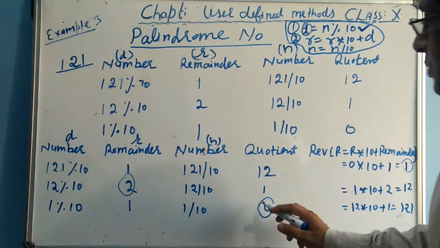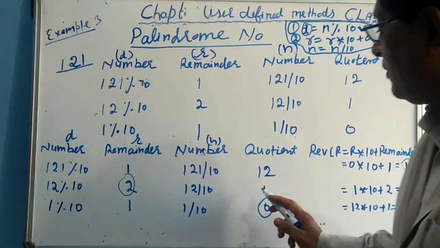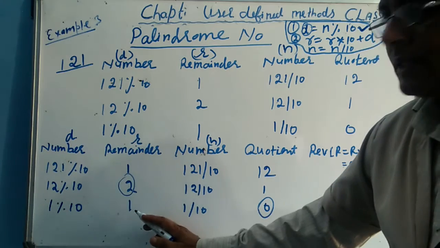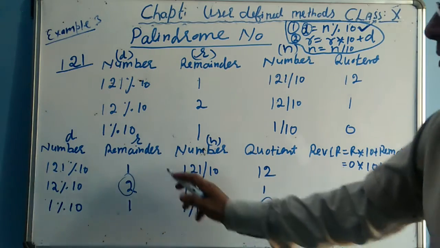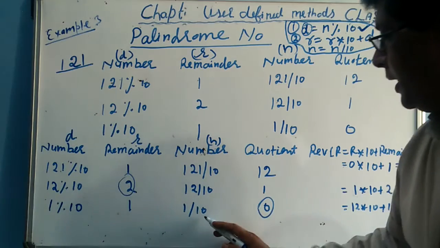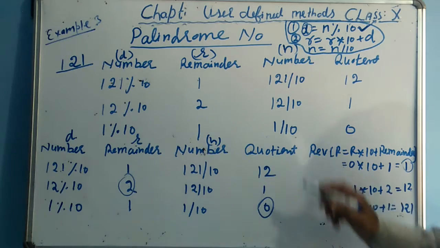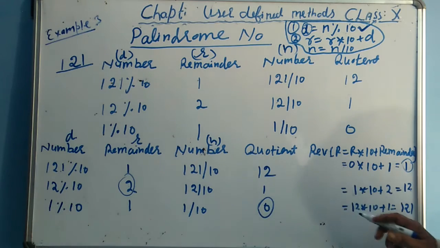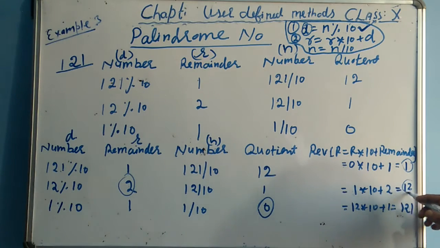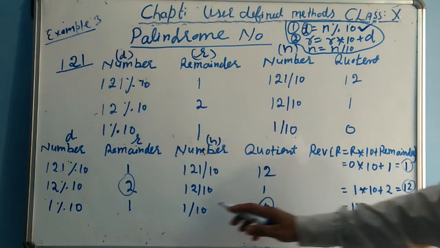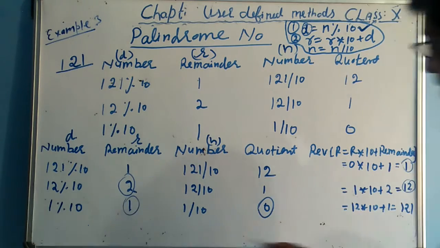Now the quotient 1 modulo 10, remainder is 1, and the number 1 upon 10, so quotient will be 0. Then what will be the reverse value of this? 12 is already here, so 12 multiplied by 10 plus how much? Remainder 1.